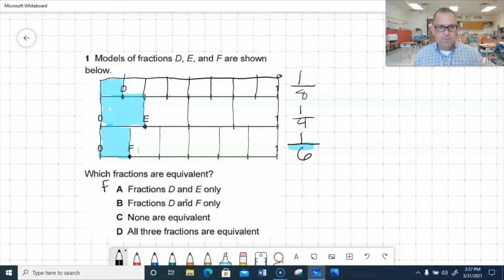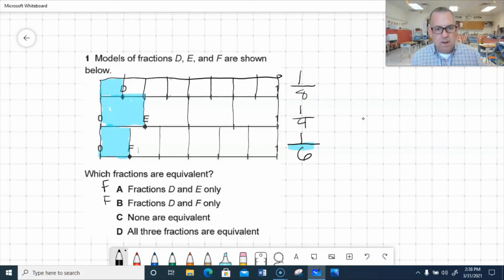Answer choice B, fractions D and F only. When I look at that one, they look kind of close, but they are not equivalent. I'd have to say that the sixths are bigger than the eighths, so 1/6 would be larger than 1/8, so that'd be a false statement.